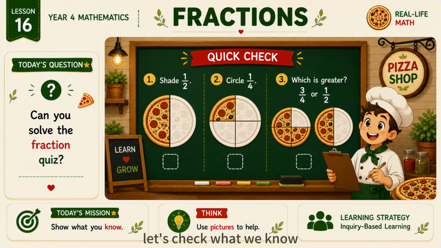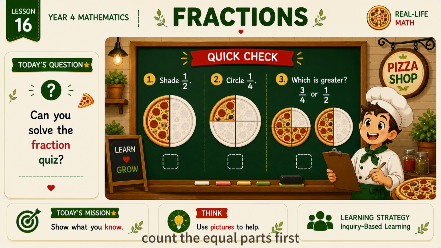Let's check what we know. Question 1. Shade 1/2 of the pizza. Question 2. Circle 1/4 of the pizza. Question 3. Which fraction is greater, 3/4 or 1/2? Use pictures to help you.